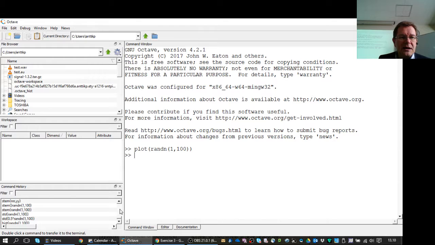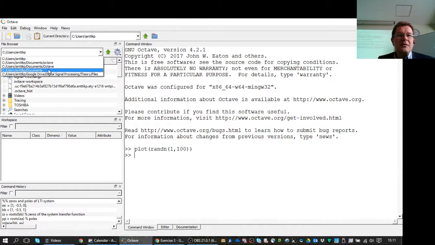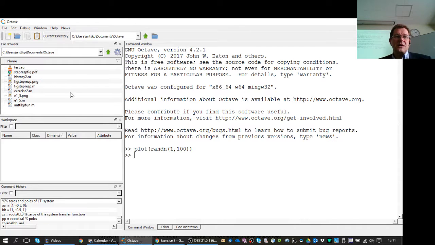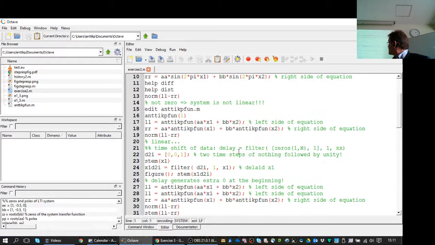I think I had one system here. Wait a minute. Let me go to that directory and, okay, so these are the commands from yesterday. I just want to have one of those systems.